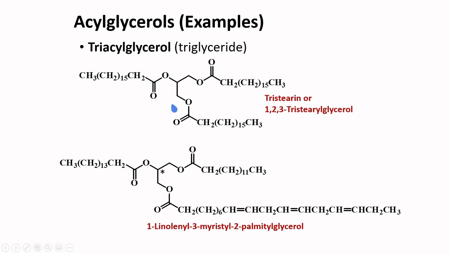The fatty acids may all be identical, such as here for tristearin or 1,2,3-tristearylglycerol. Stearic acid contains 18 carbons. Triglycerides can also have different types of fatty acids, such as in this case.